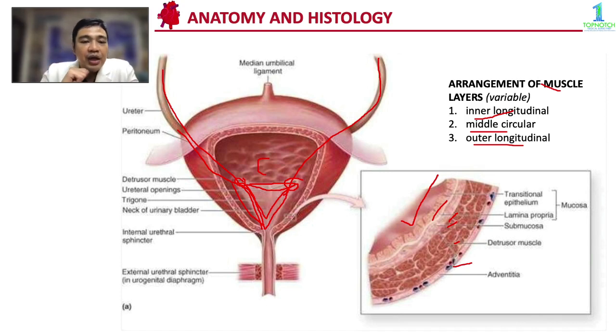And lastly, although uncommon, the bladder can also have adenocarcinoma. But then you ask, Dok, wala namang glands ang histological layers ng bladder. How come meron siyang cancer related to an adeno that pertains to a gland? Actually, adenocarcinoma of the bladder originates from here, your urachus or your median umbilical ligament.